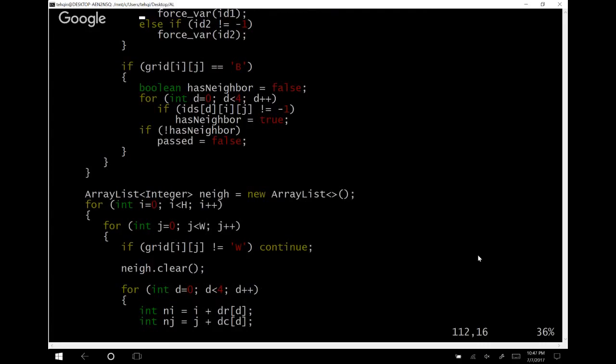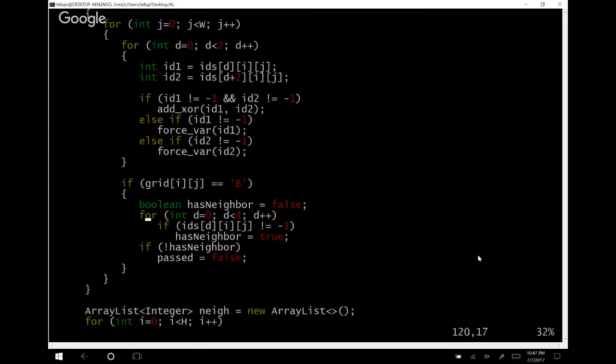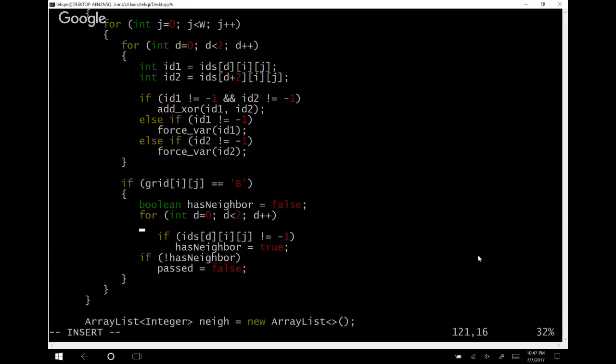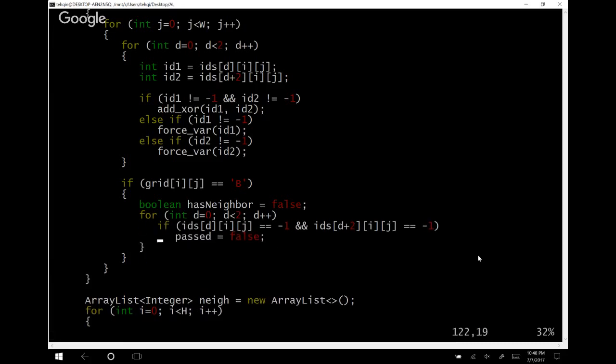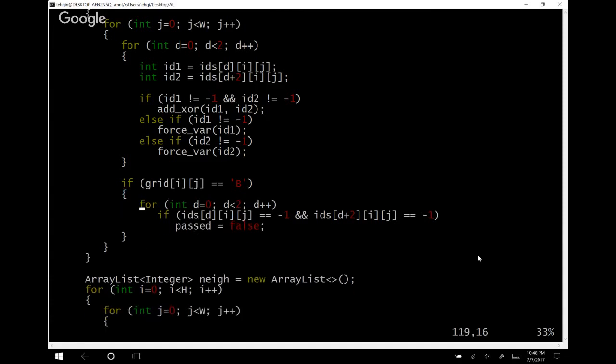This was the wrong way to do this check. Okay, so here's the bug.